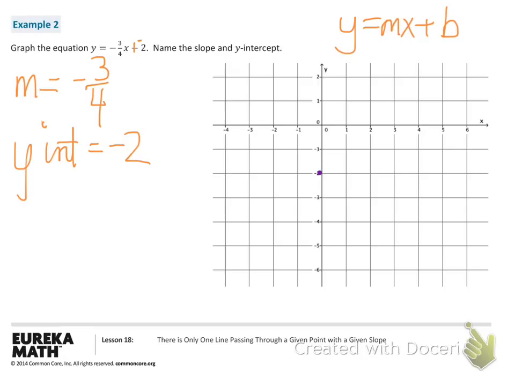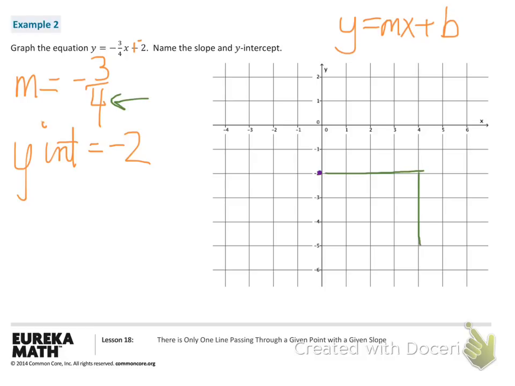So my horizontal change is 4. So I'm going to come over 4: 1, 2, 3, 4 units. And my vertical change is -3. So I want to come down 3.